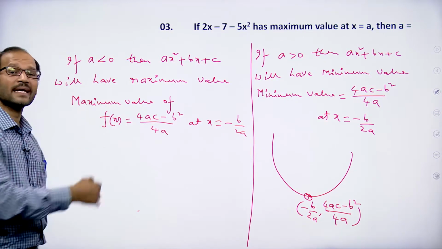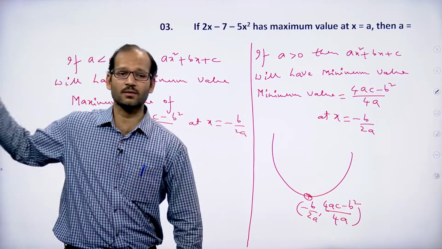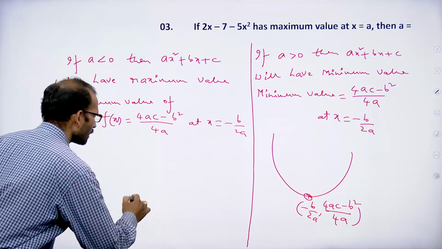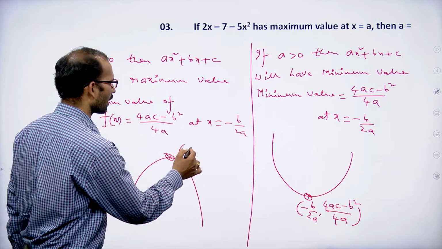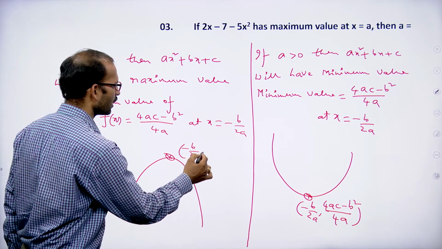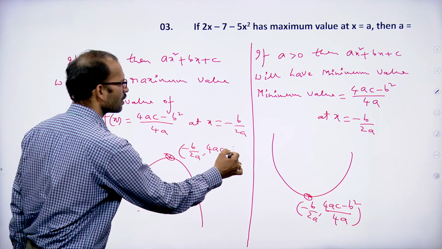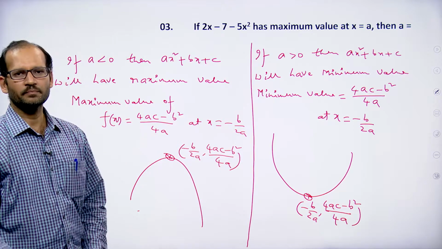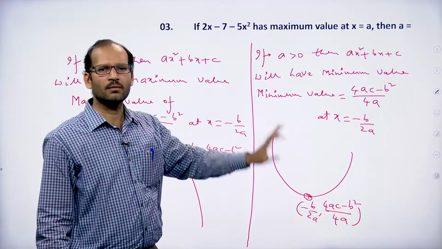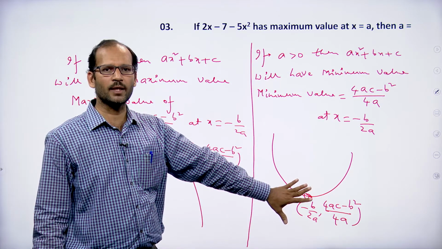So therefore, whenever the x square coefficient is negative, the graph opens downwards, and this is the maximum value, and that maximum value occurs at x equal to minus b by 2a, and that maximum value is 4ac minus b square by 4a. Am I clear?